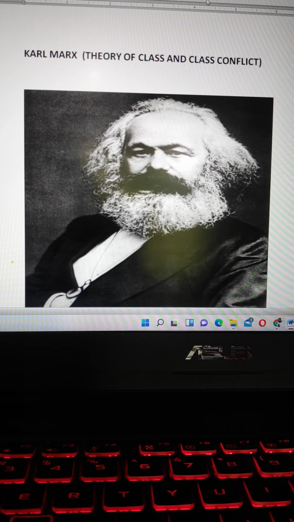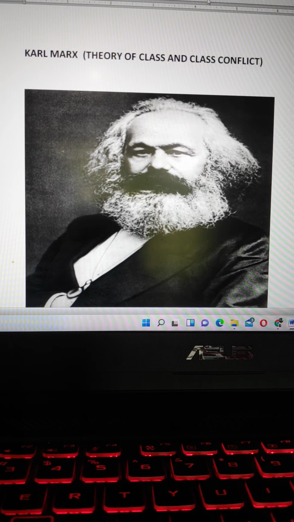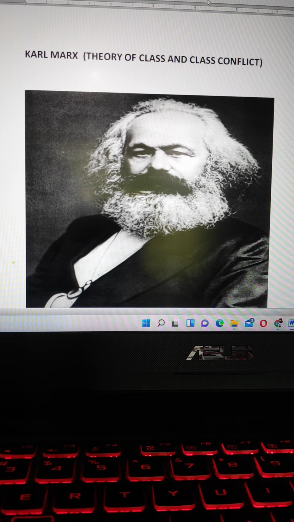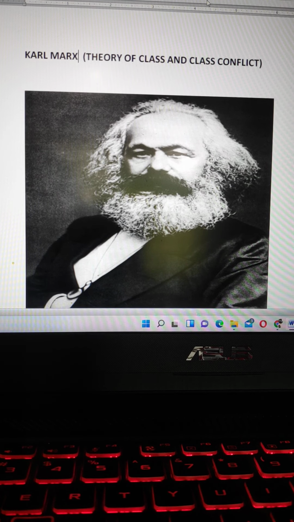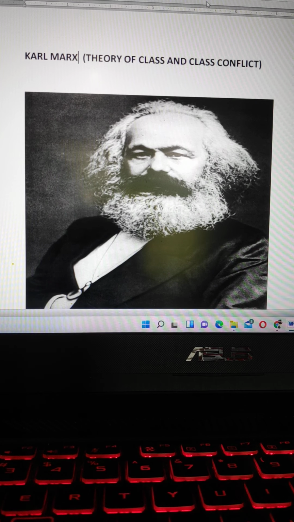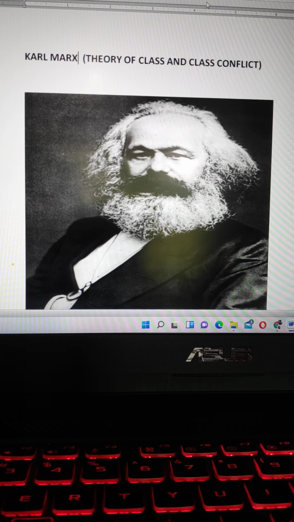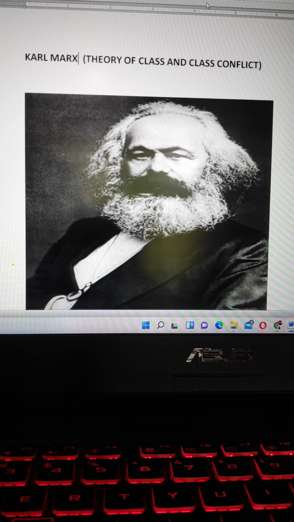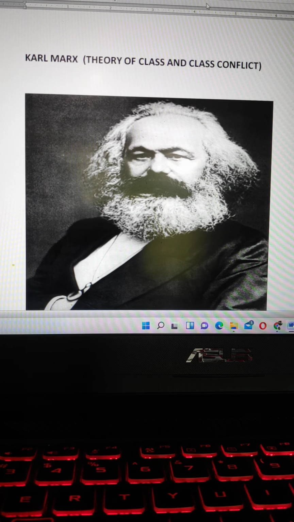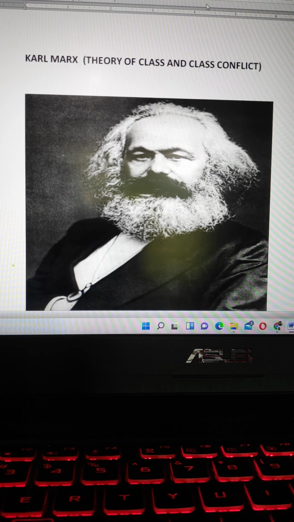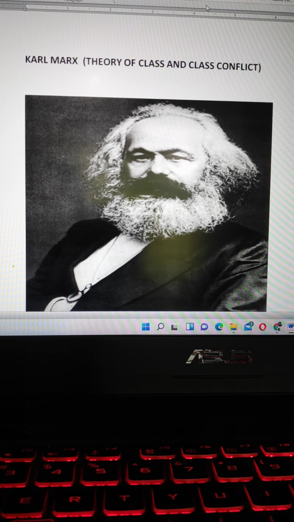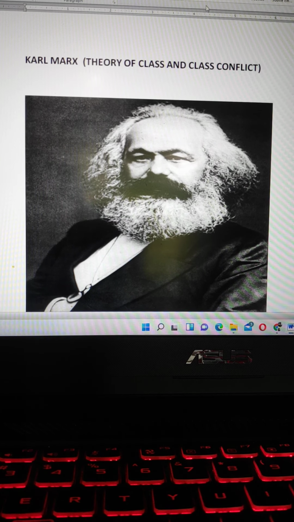Next, the eighth one, is class solidarity. With the growth of class consciousness, the crystallization of social relations into two groups becomes streamlined and the classes tend to become internally homogeneous.